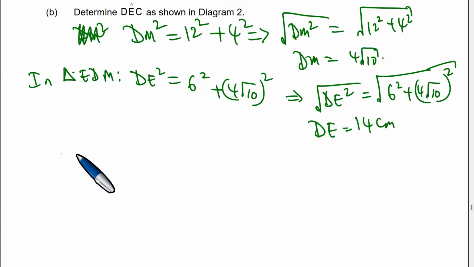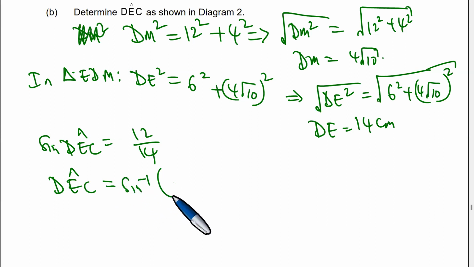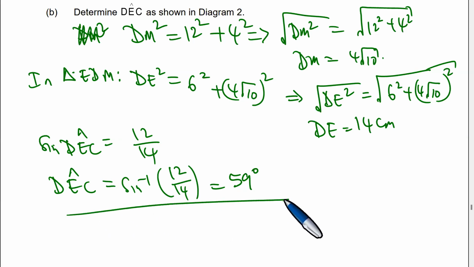You have the sine of DEC as 12 out of 14. So DEC is the arc sine of this, and this is 59 degrees using a calculator.